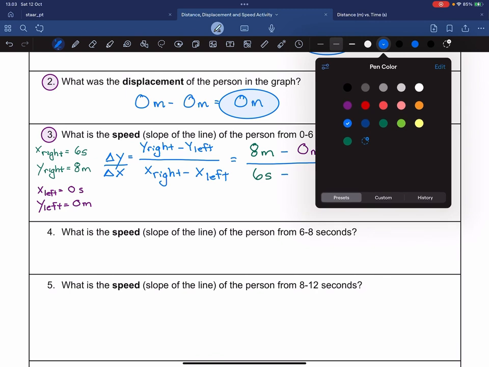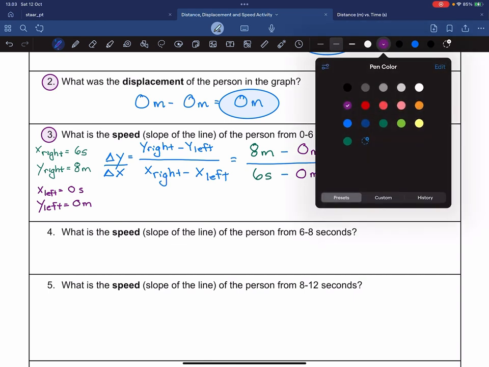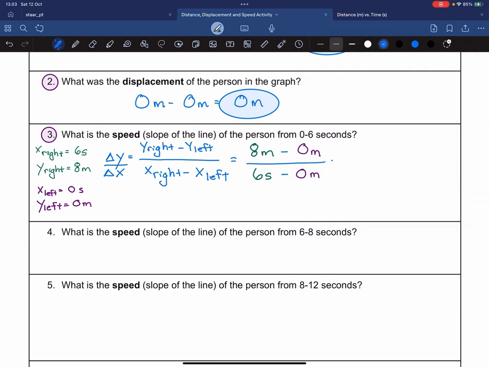Minus X left, which I'm going to do in purple because it was in purple, 0 seconds. Now when I do that calculation, I get 8 minus 0 is equal to 8 meters. Then I get 6 minus 0 is equal to 6 seconds.